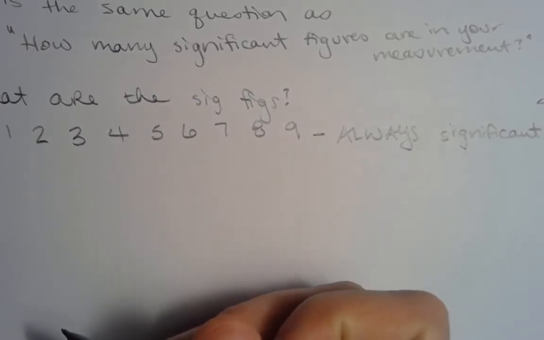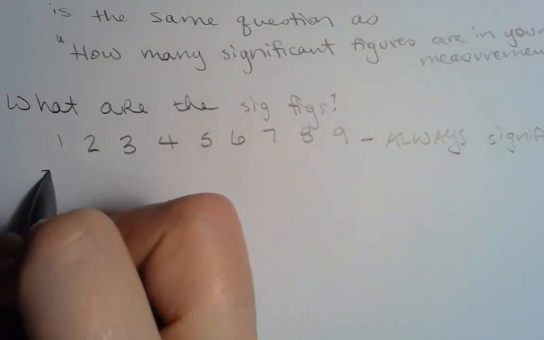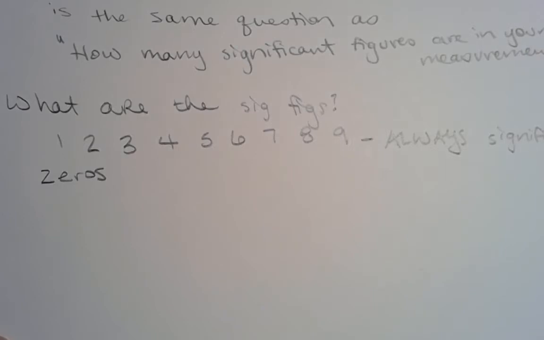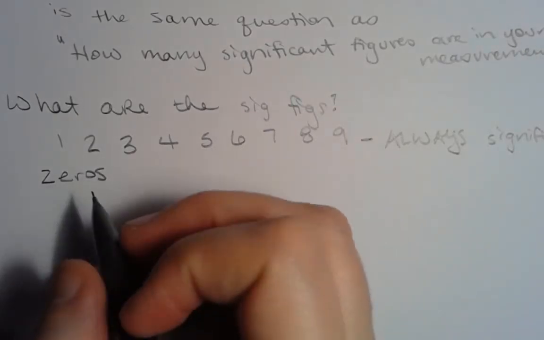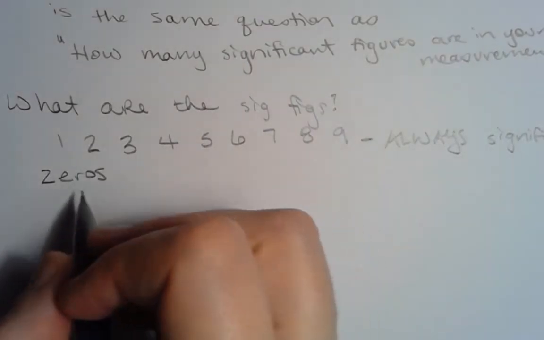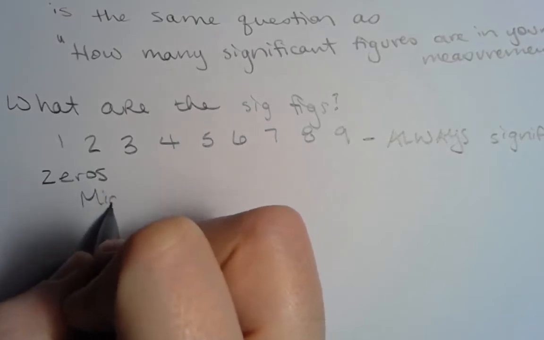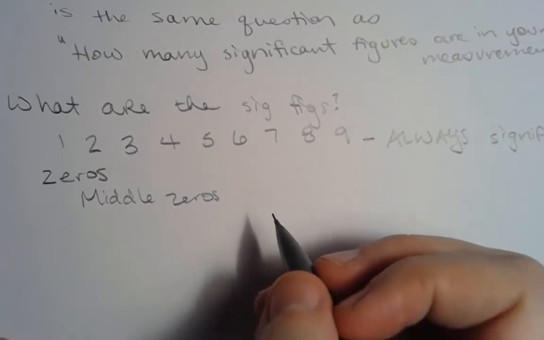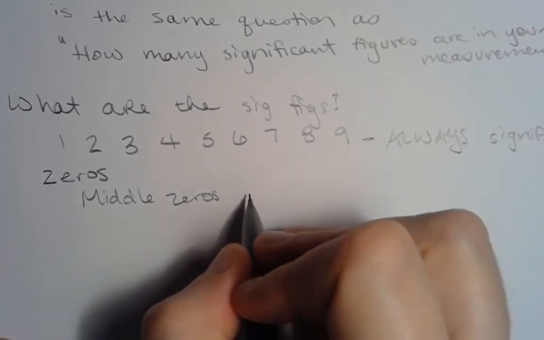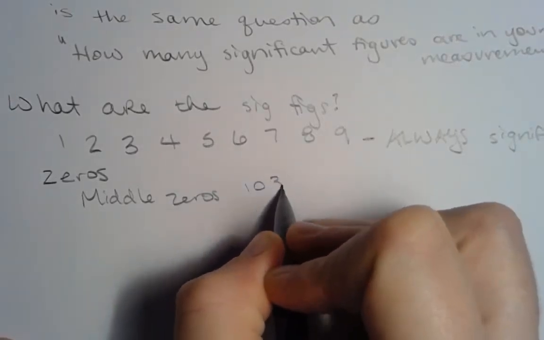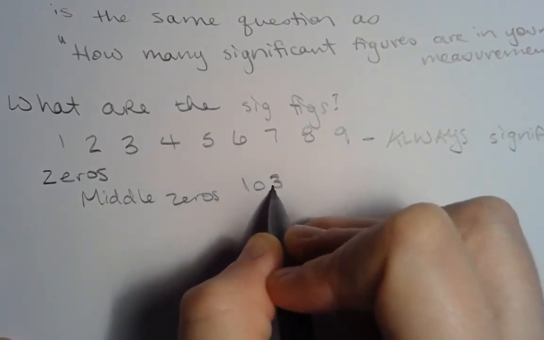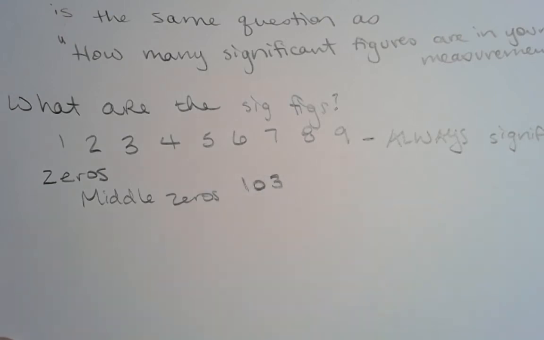You will notice a number is missing. Zeros get an entire heading to themselves because this is where it gets complicated. There are 3 types of zeros. Middle zeros are zeros in the middle of a number. So for example, that is a middle zero because it is in between 2 significant figures.